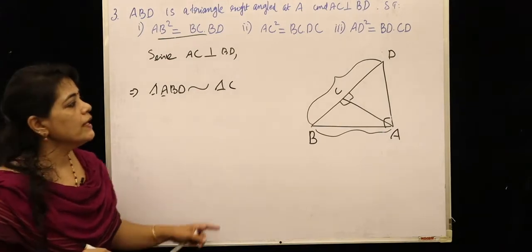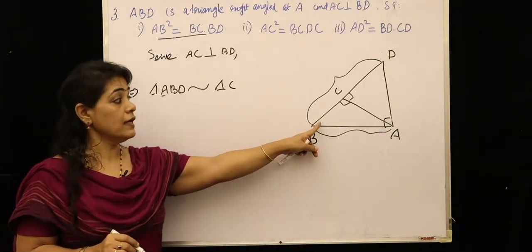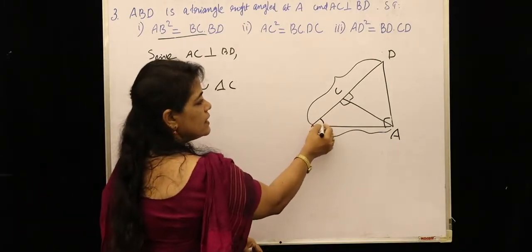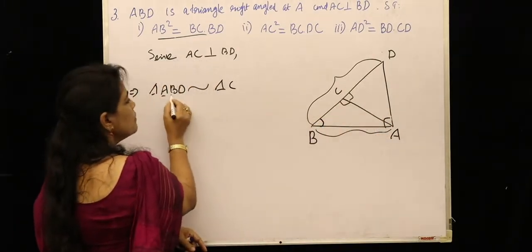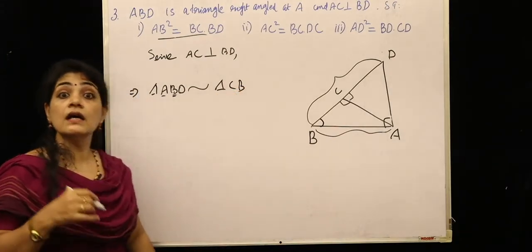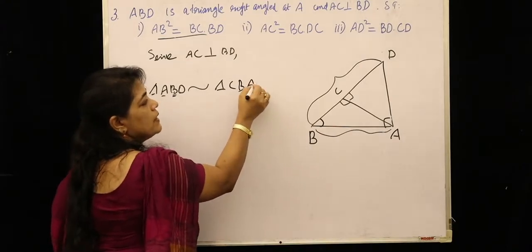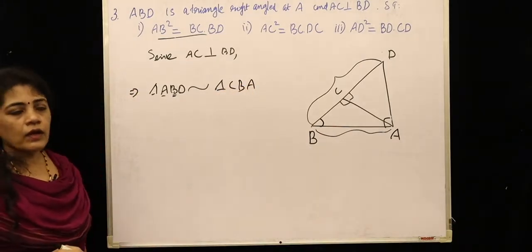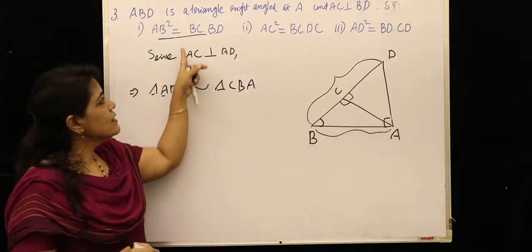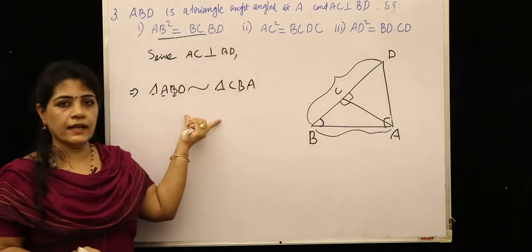In triangle ABD and triangle BCA, angle B is common, right? This triangle and the whole triangle. So B is in second position here, and this B also should come in the second position, and the remaining vertex is A. So CBA. And in order to get this result, I already told you we need this side BD. That is why we selected this one.